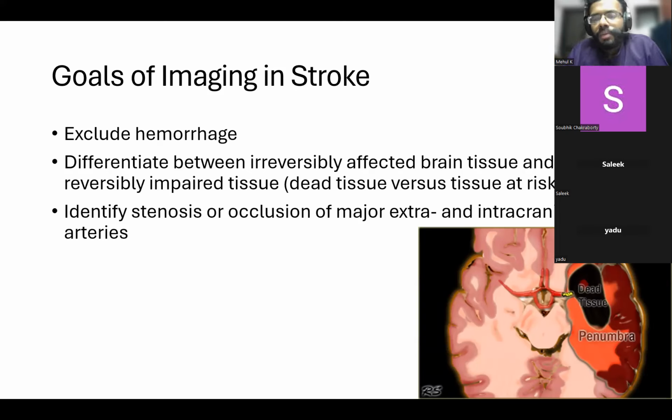Okay, so basically, when an artery is occluded, there is a certain area that is completely dead, completely necrosed. There's nothing you can do for that. Your treatment is not going to improve the blood flow to that area. So that is your umbra. That is this in the picture. You can see the black here. That is dead tissue. Surrounding that you have an area that is actually not dead, but is dying.